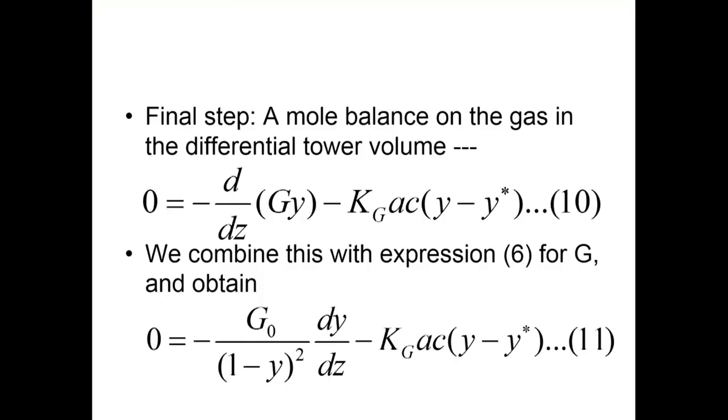And then there is a loss across the interface, which will be given by this kg a c (y minus y star), or in the primitive terms it would be kg A times capital A delta z into (C1 minus C1 star). After we divide by A delta z, this is what would be left.